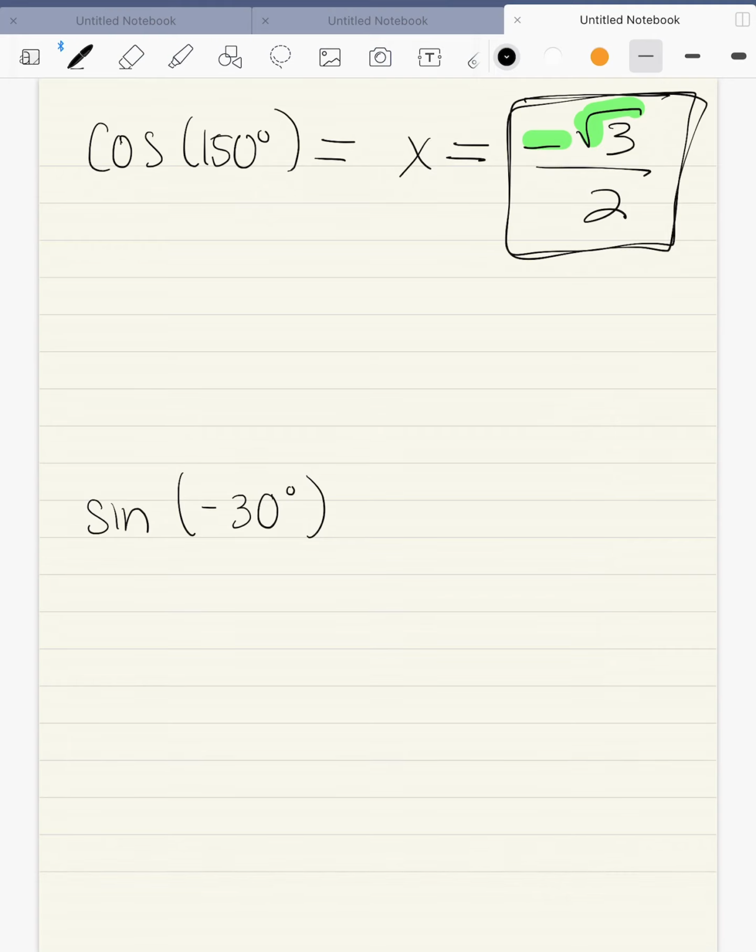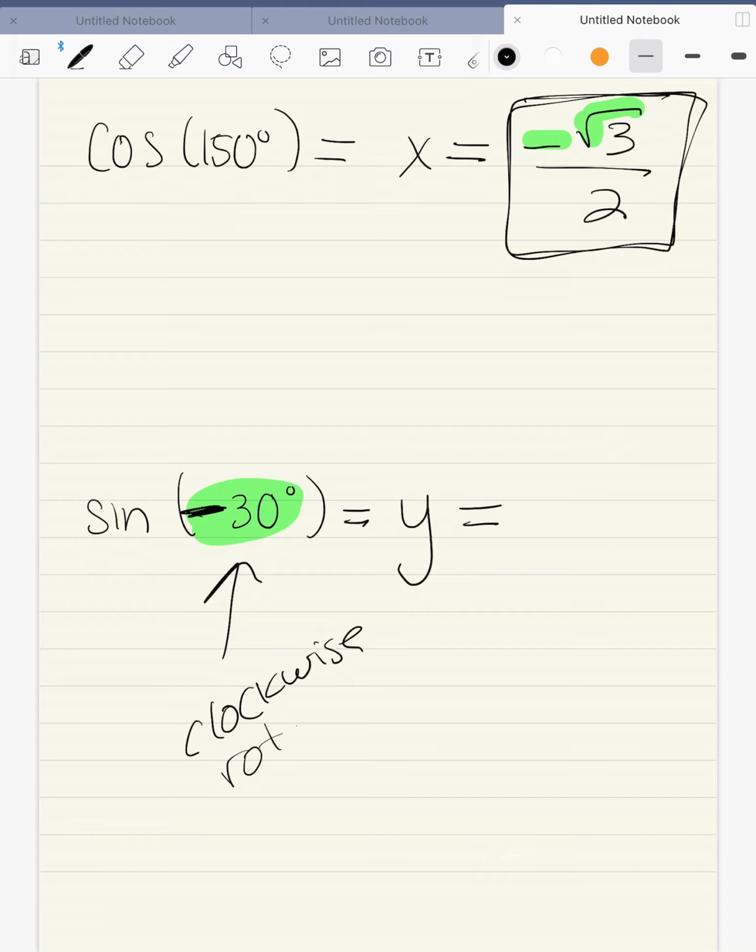Very easy. Sine of negative 30 degrees. Sine is the y. Just check that it is not 30 degrees, it's negative. So I have a negative here. Remember that negative means clockwise rotation.